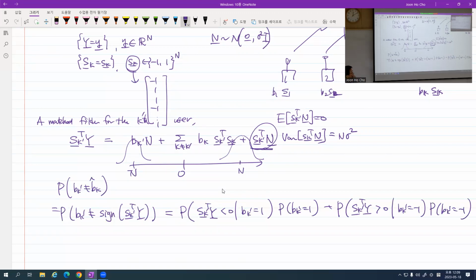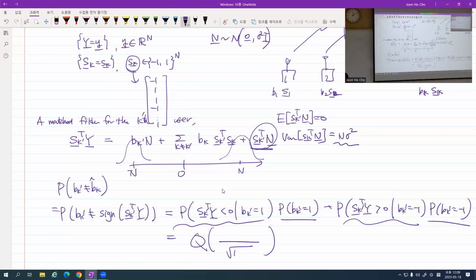And if we assume the b_k's are equally likely, then this is 1/2, this is 1/2, this probability is the same as that one, and this is simply Q of the standard deviation, right? And you have the mean value n times 1.